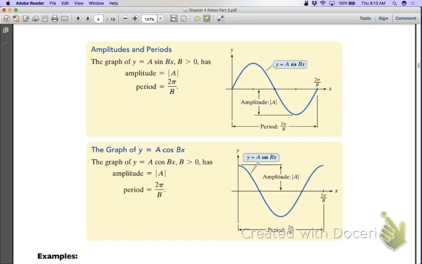So instead of it taking 2 pi before things repeat, it may be quicker or it may take a little bit longer.